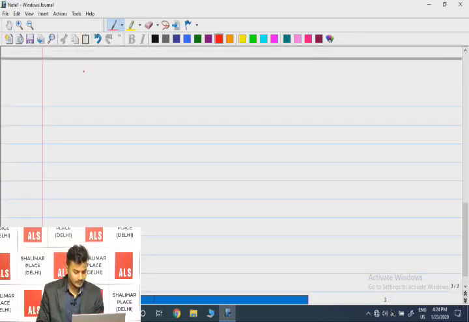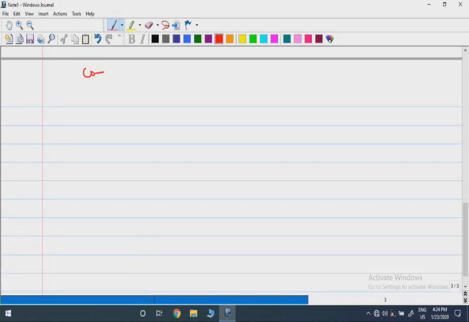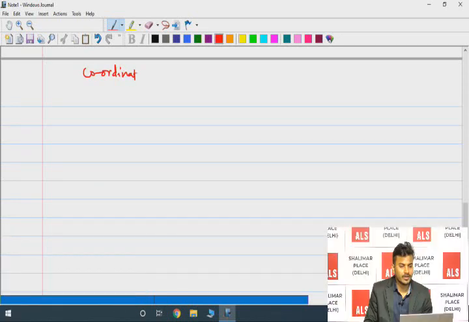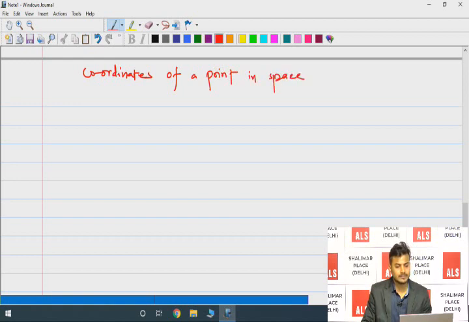Octant. Topic is coordinates of a point in space.